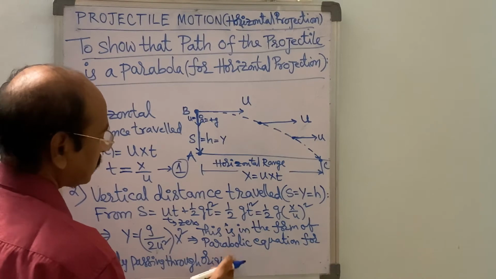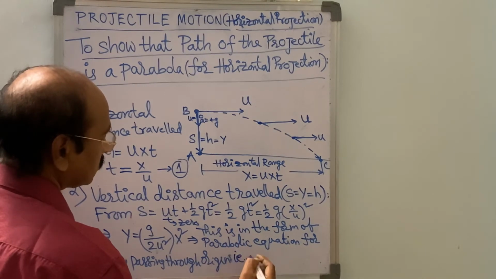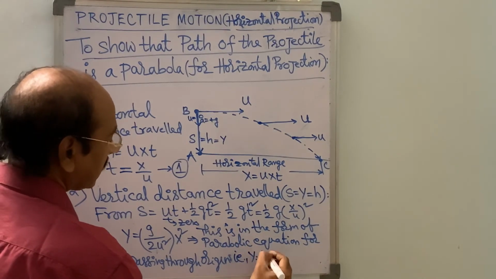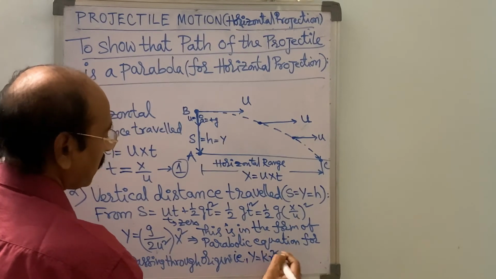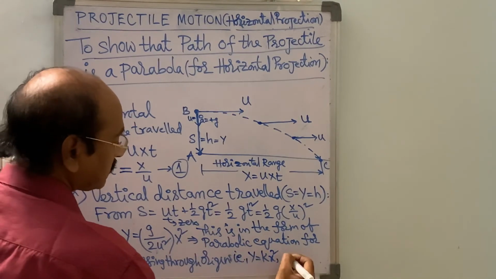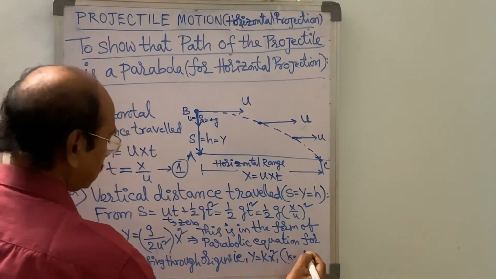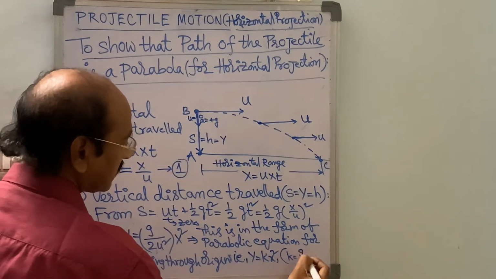That is y = kx². Here k is equal to g/(2u²). It is constant.